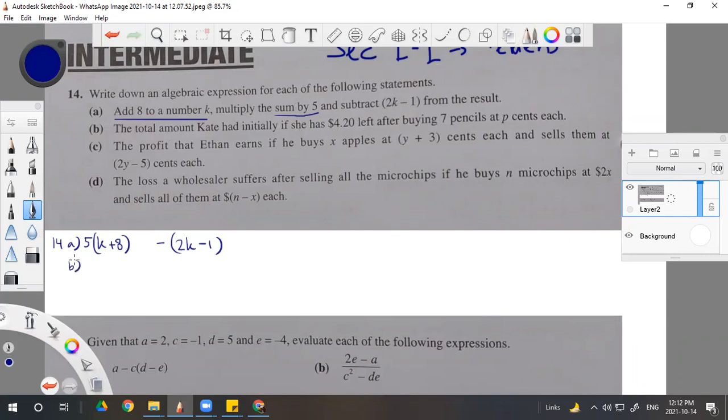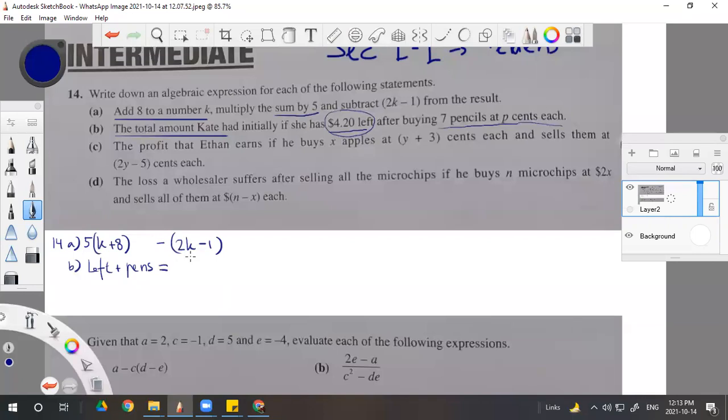Okay, now B. The total amount Kate had initially if she has $4.20 left after buying 7 pencils at P cents each. So before buying the pencils, the initial amount is the leftover, the remaining, plus the value of the pencils.